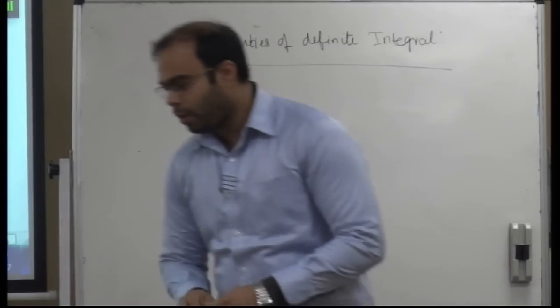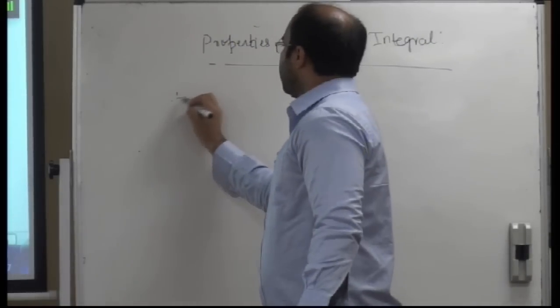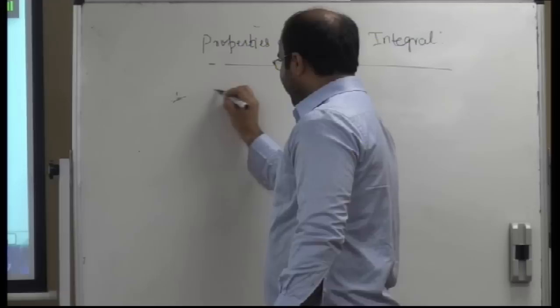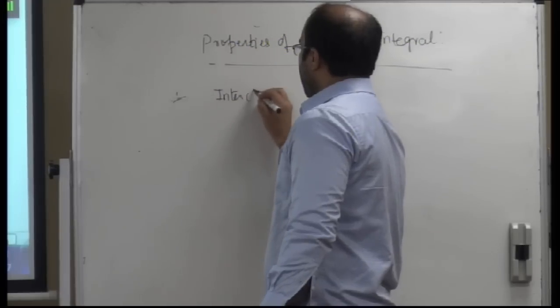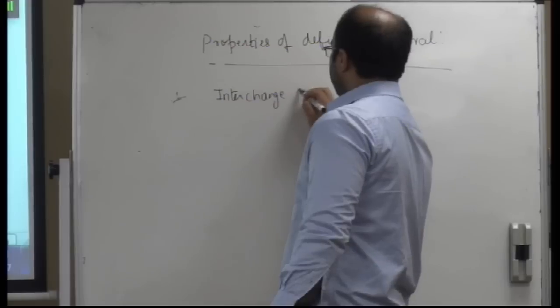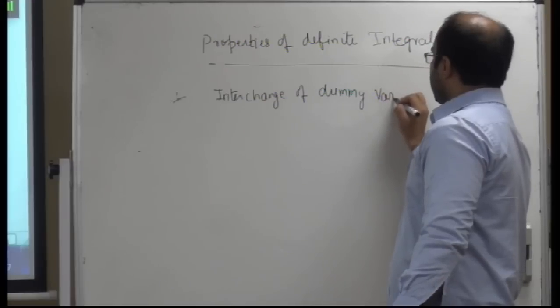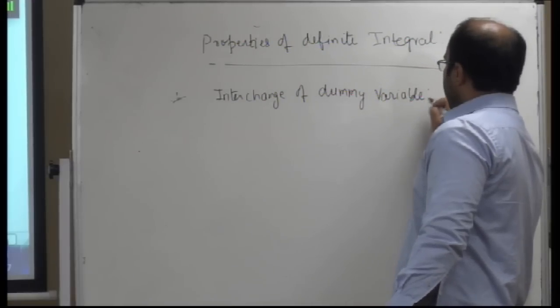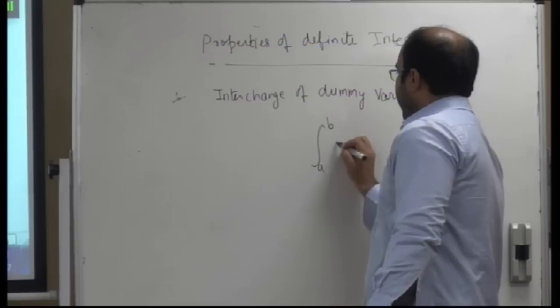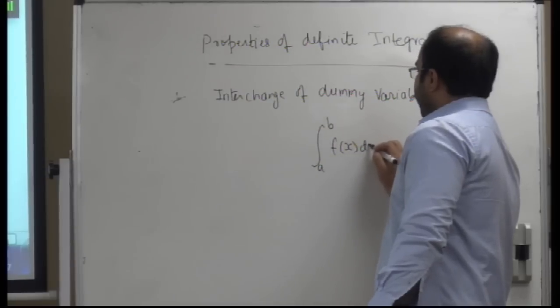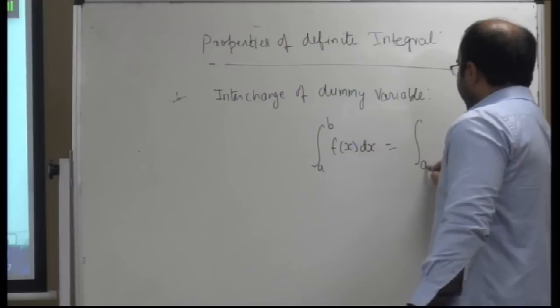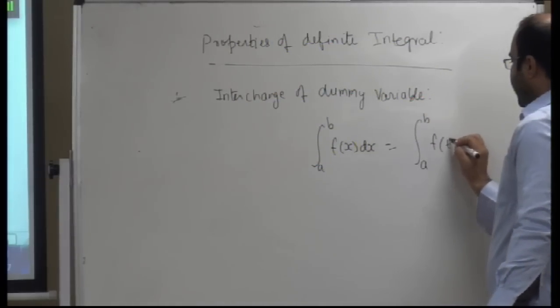So the first property is interchange of dummy variable. So we have the integral from a to b f(x) dx can be written as the integral from a to b f(t) dt.